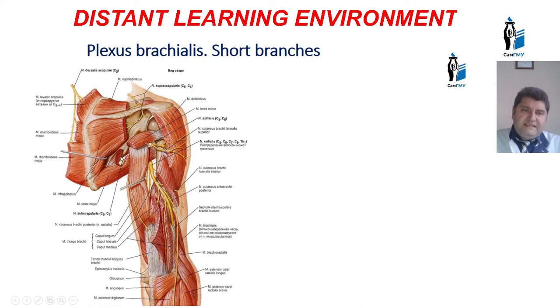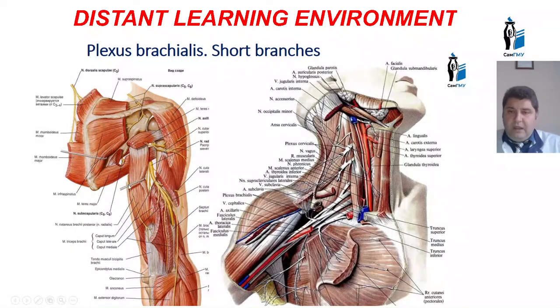And here you may see the subscapular nerve, which gives branches for the teres major muscle and the subscapularis muscle. And here we can see the pectoral nerves for the pectoral muscles, medial and lateral, and also the long thoracic nerve for innervation of the serratus anterior muscle.